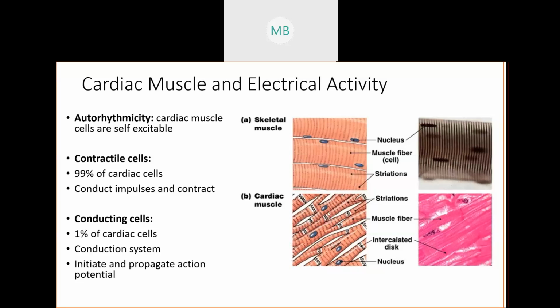And because of that, they are all interconnected. You want your cardiac muscle fibers to be interconnected. So your description for cardiac muscle is that they are striated, short, fat, branched, and interconnected because of all of that.